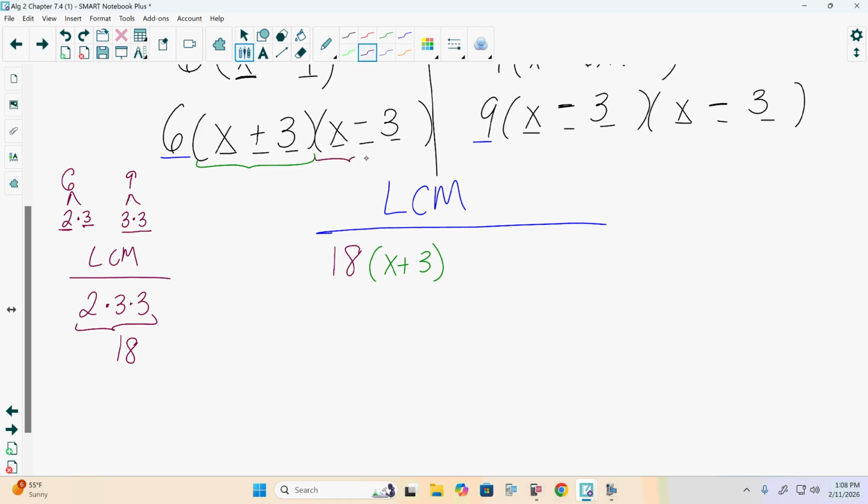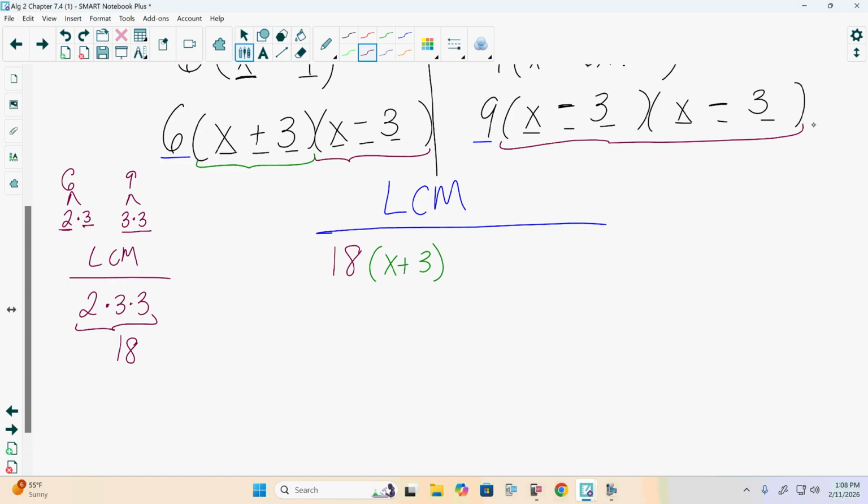Now we're going to look at x minus 3. How many does the one on the left have? 1. How many does the one on the right have? 2. Which one has the most? The one on the right, yes? And it has? So how many times does it need to be listed in the least common multiple? 2 times.